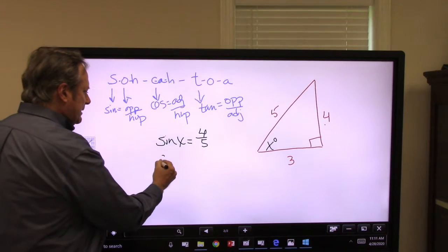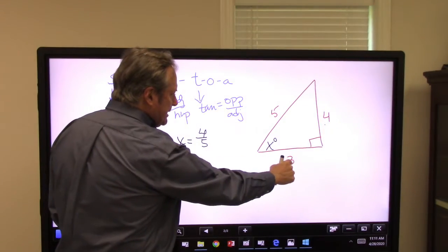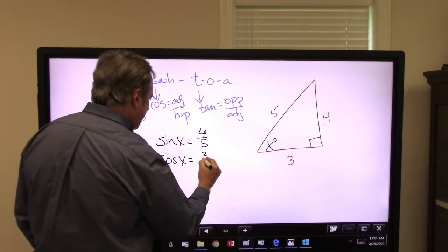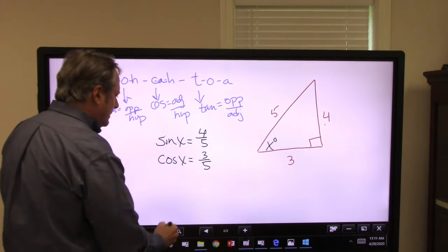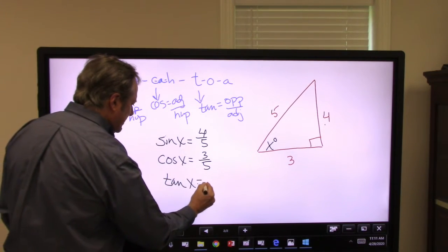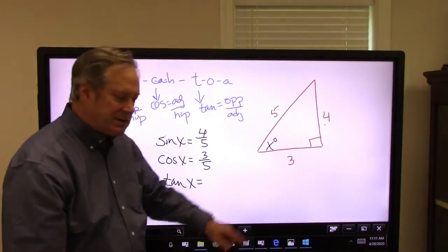If I wanted to find the cosine relationship of that angle, it's going to be adjacent over hypotenuse. So that's going to be 3 over 5. And if I want to find the tangent relationship of that angle, it's going to be opposite over adjacent.